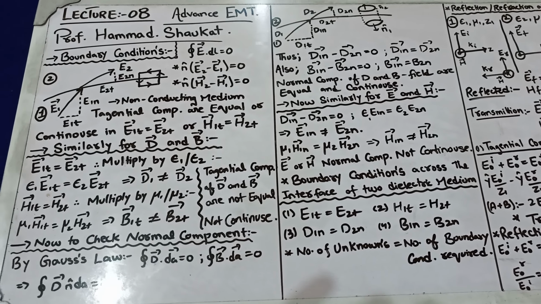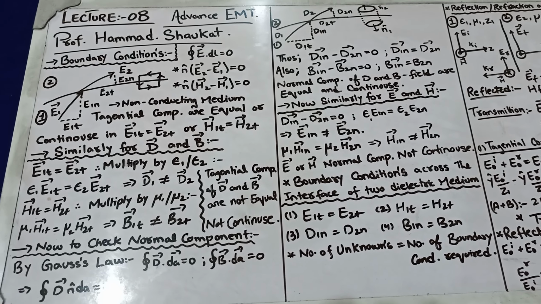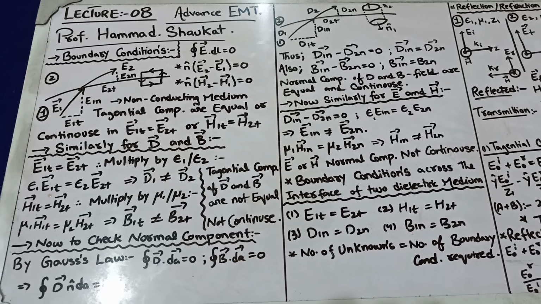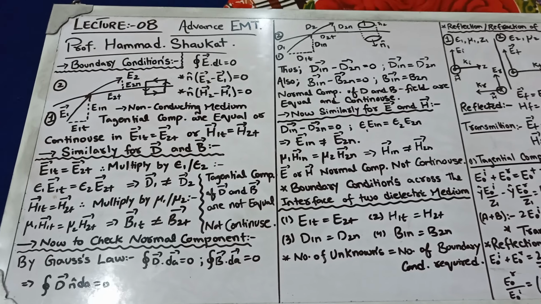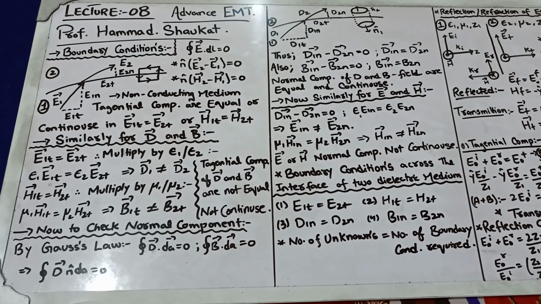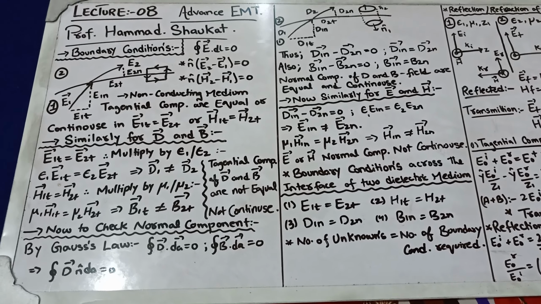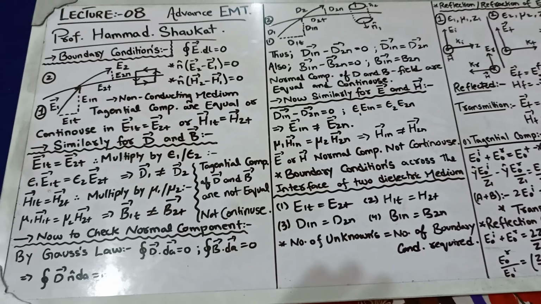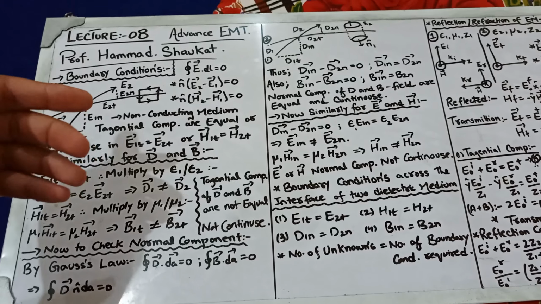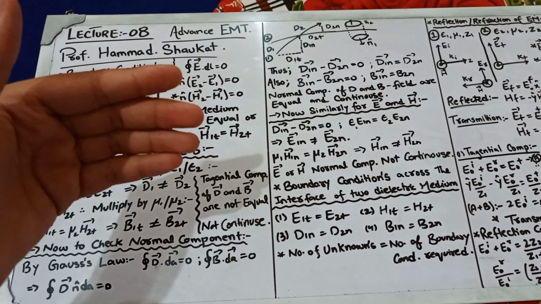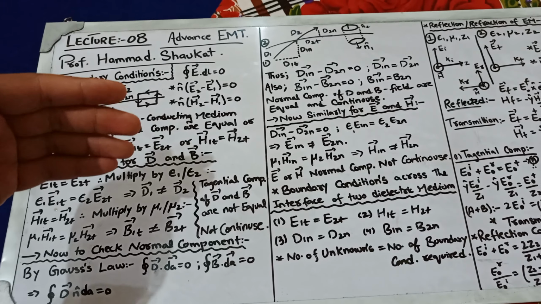So in both cases, D and B, your tangential components are not equal, or not continuous. We checked that tangential components for E and H are continuous and equal, and for D and B they are not equal and not continuous.